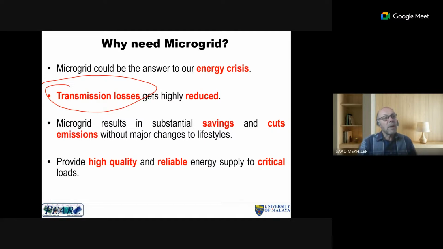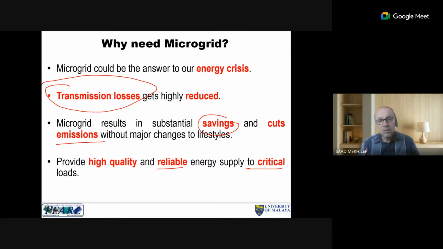These microgrids result in substantial savings in cutting emissions, because we're using a lot of local resources, and they provide a high quality and reliable energy supply for critical loads. This is very important. I'm not sure you know what critical loads means, because we have loads, and we also have critical loads.